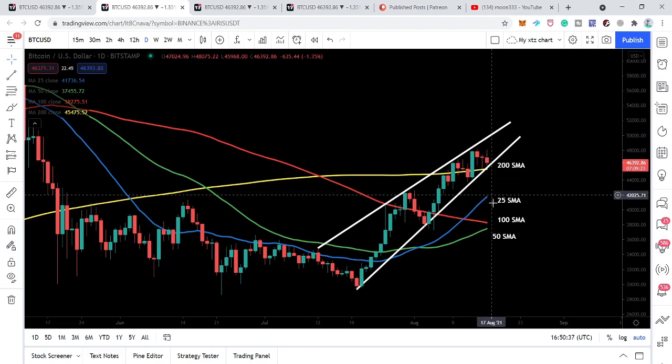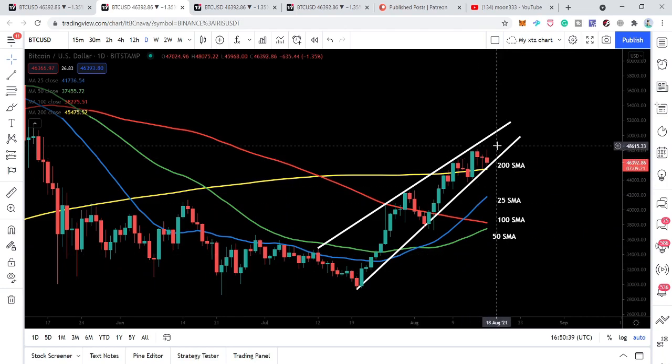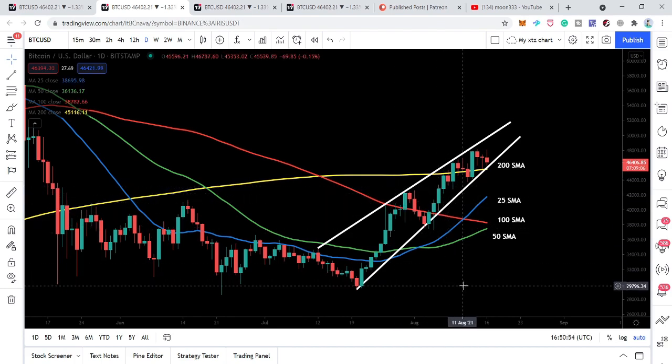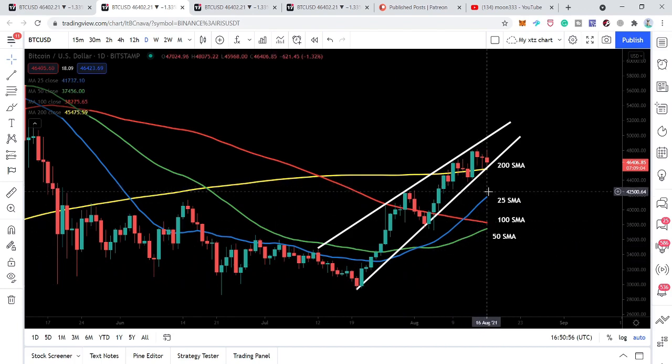Technically, the price action can even move to the support of this rising wedge, but the movement of the simple moving averages on the daily time frame tells us there is a very low probability of that, because we have the support of the 25, 150 simple moving averages, and every small time frame simple moving average is forming the bull cross with the bigger time frame simple moving averages.